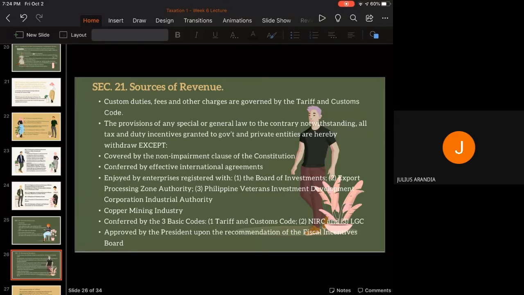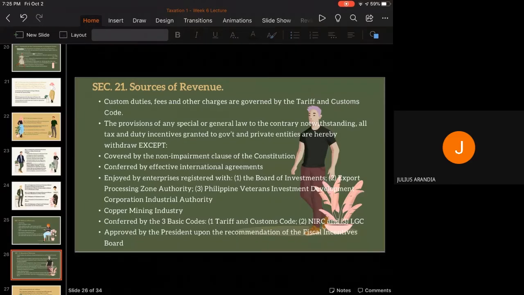Those covered by the non-impairment clause of the Constitution, enjoyed by enterprises registered with the BOI, Export Processing Zone Authority, Philippine Veterans Investment Development Corporation, Industrial Authority, Copper Mining Industry, and those other exemptions conferred by the Tariff and Customs Code, NIRC, and the Local Government Code, and lastly approved by the President upon recommendation of the Fiscal Incentives Board.